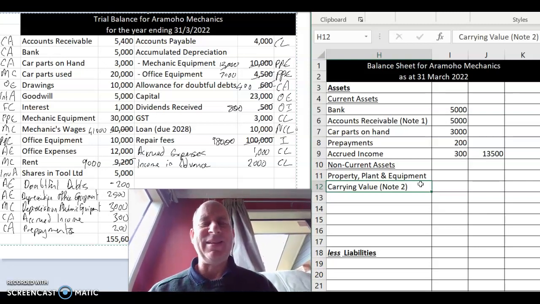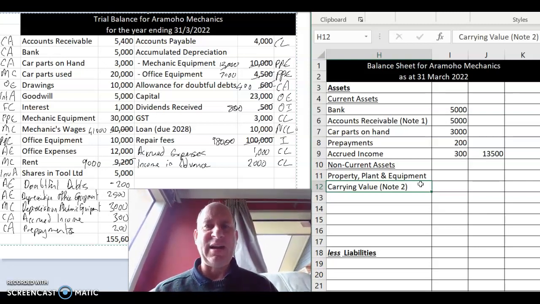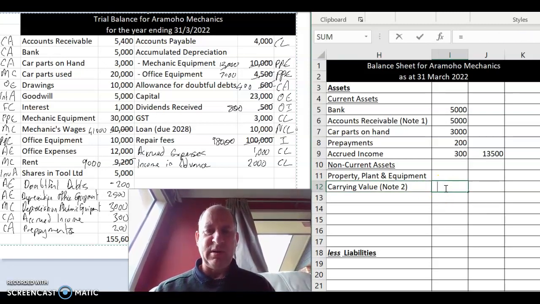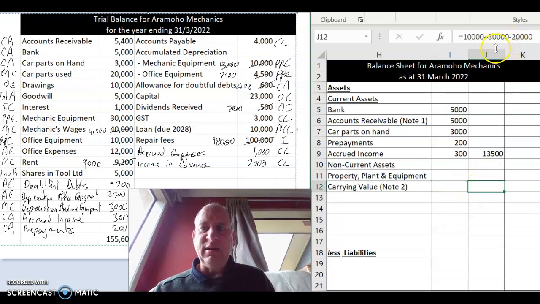I noticed in some previous exams they don't ask you to do this part here. They just ask you to calculate it. So that's what we're going to do today. We're going to calculate the property, plant and equipment for note 2. Okay, because there's only one, I've added the three parts to it.